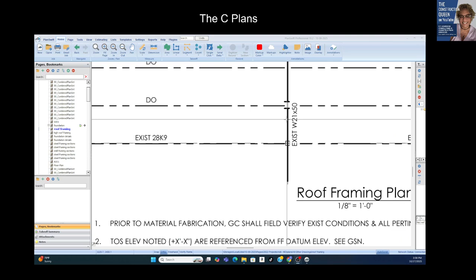And we say member, which is a generic term for the framing piece. So a beam is a member, or a column is a member, or a joist is a member. When we talk about structure or framing, we always try to use the right lingo.